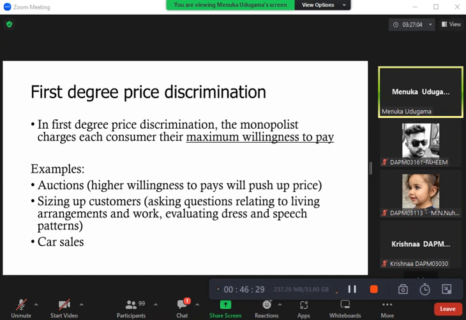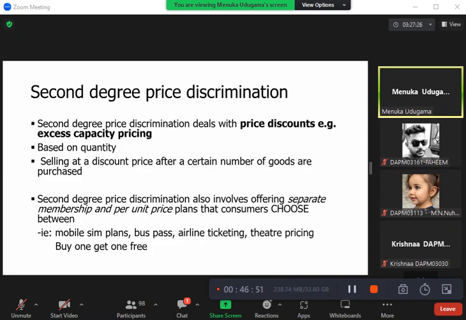So you will keep getting offers, nudging you to purchase in that range, right? So that is called first degree price discrimination. Same product, but if somebody is willing to pay more, then they are trying to capture that surplus the consumers are willing to pay.